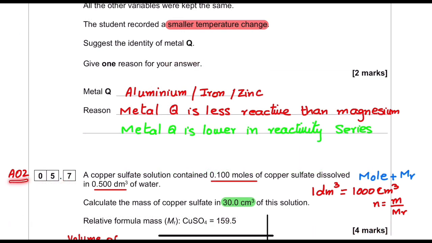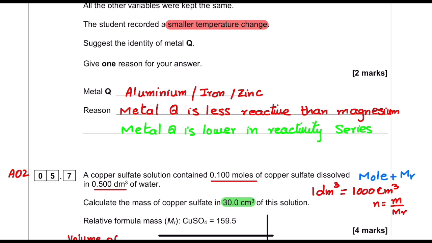5.7 is an AO2 question. The student needs to apply the knowledge from the topic of moles and Mr, relative formula mass. A copper sulfate solution contains 0.1 mole of copper sulfate dissolved in 0.5 dm cubed of water.